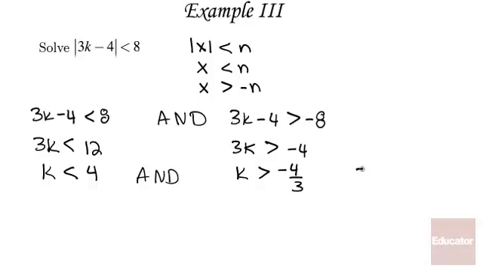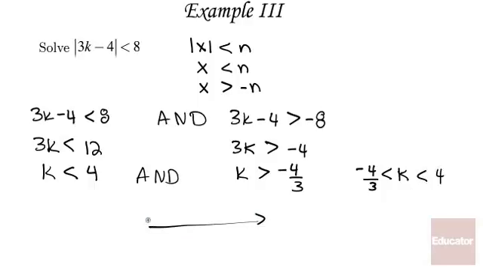Or writing that slightly differently, k is greater than negative 4/3 and k is less than 4.